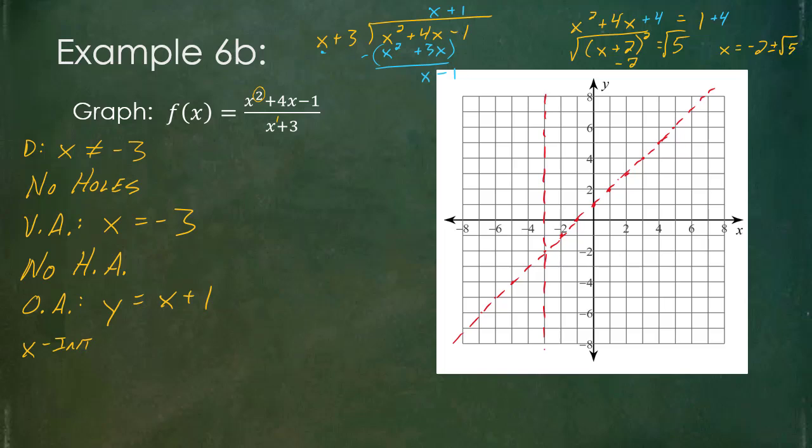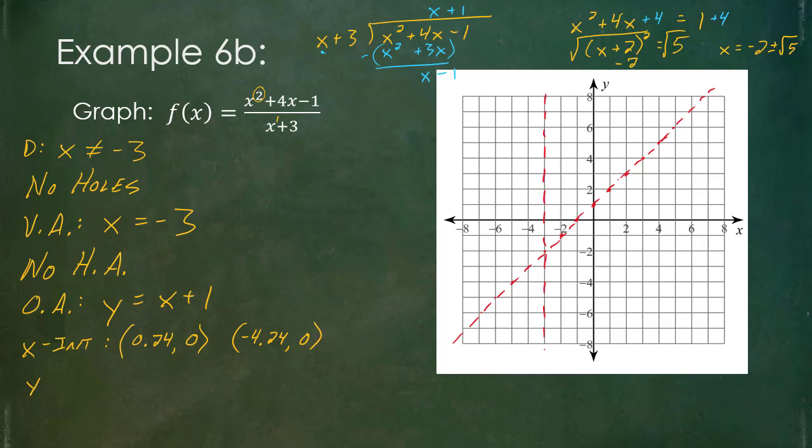I'm going to figure out the decimal values of each of these, since that's going to be more helpful than the exact version when it comes to actually plotting the points. If I use -2 plus root 5, it would be about 0.24-ish. And then the second one is going to be -2 minus the square root of 5, which is approximately -4.24-ish.